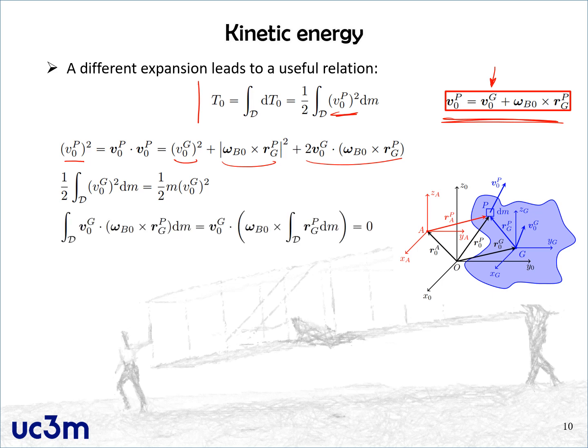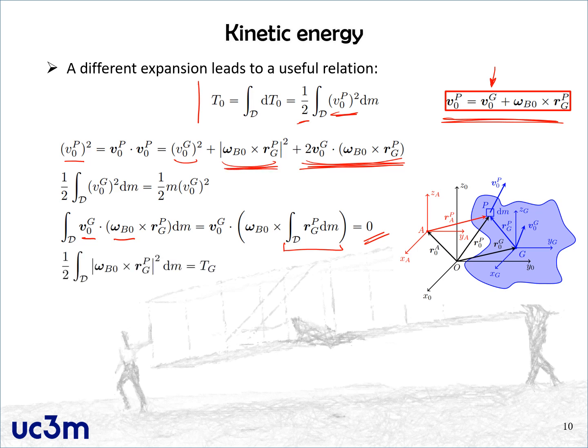The term over here, with the 2 in front of it, the 2 actually vanishes with the 1/2. So it can be expanded as you see. Vg is a constant, the same happens with omega inside of the integral. So the thing that remains inside the integral is Rpg, which gives us the position of G as seen from G, and again that is equal to 0 as we saw in other similar integrals in this lecture.